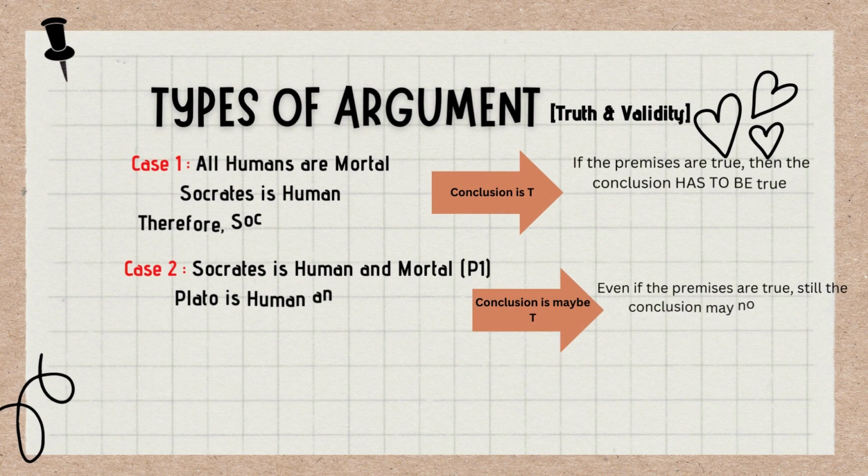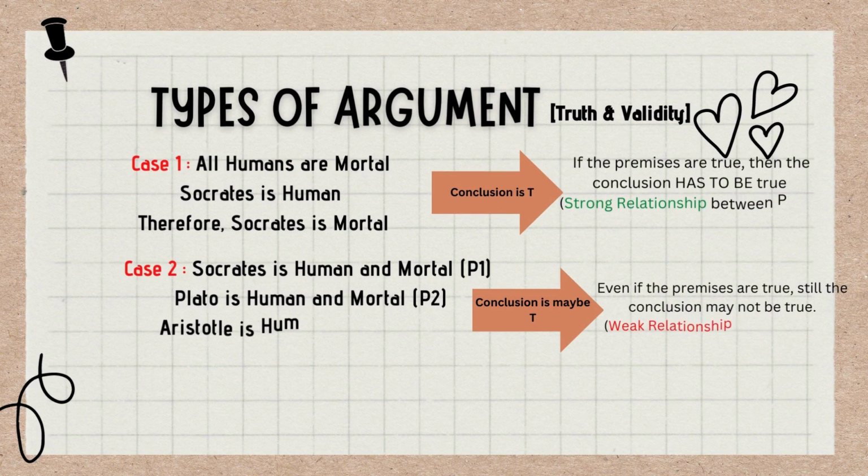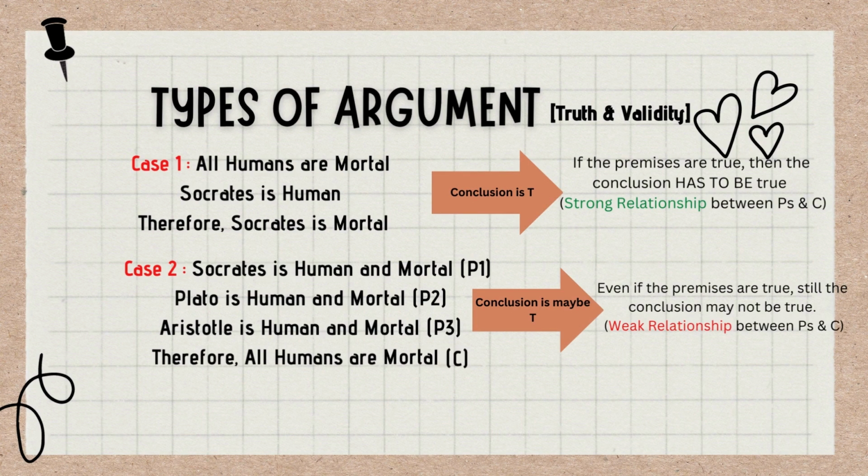Let's look into case 1. All humans are mortal. Mortal means living beings. Socrates is a human. Socrates is a great philosopher in Greek. Therefore, Socrates is mortal. You can see the three lines, right? Each sentence or proposition we call a premise.